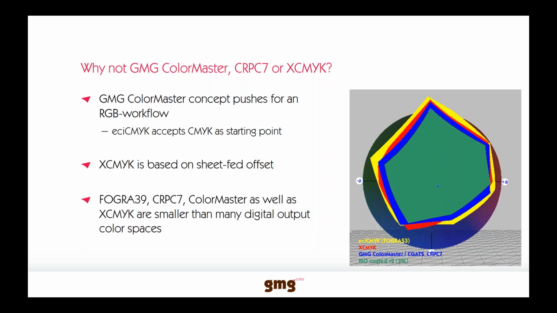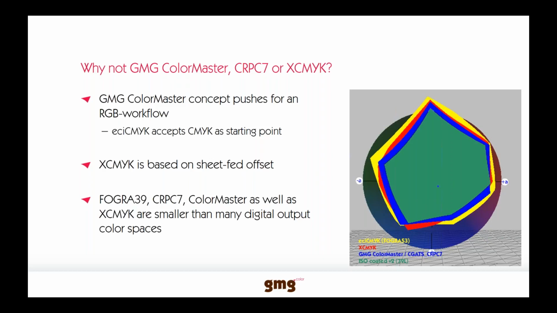FOGRA53 targets a eciCMYK workflow, meaning you convert your images from RGB to eciCMYK, integrate them in your layout, everything is done in eciCMYK, and afterwards maybe you convert again into your output condition. Additionally, you can see this on the little screenshot at the right. I put the several color spaces, two-dimensional, on top of each other. You see that eciCMYK is pretty big in comparison to all of these color spaces.